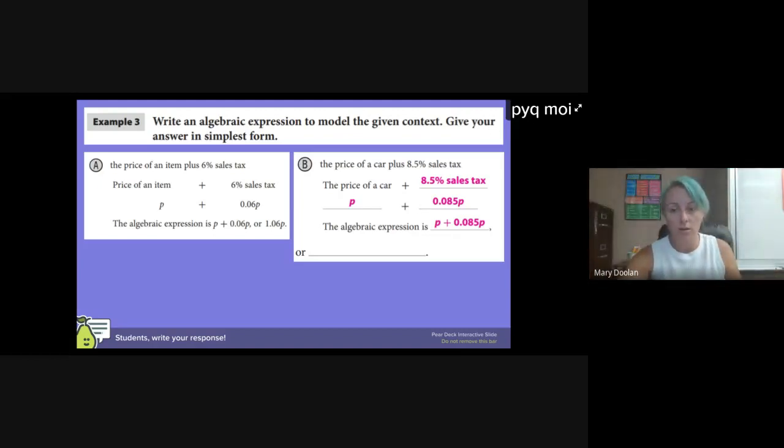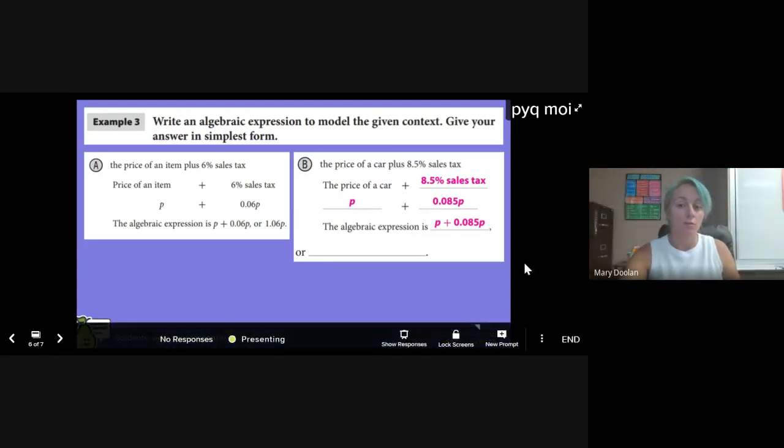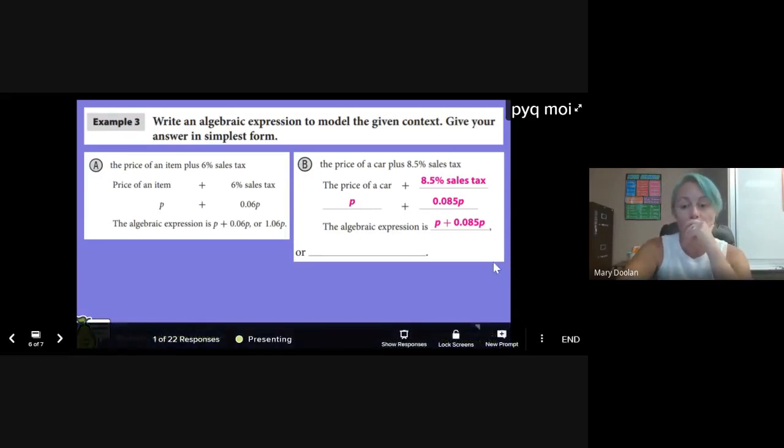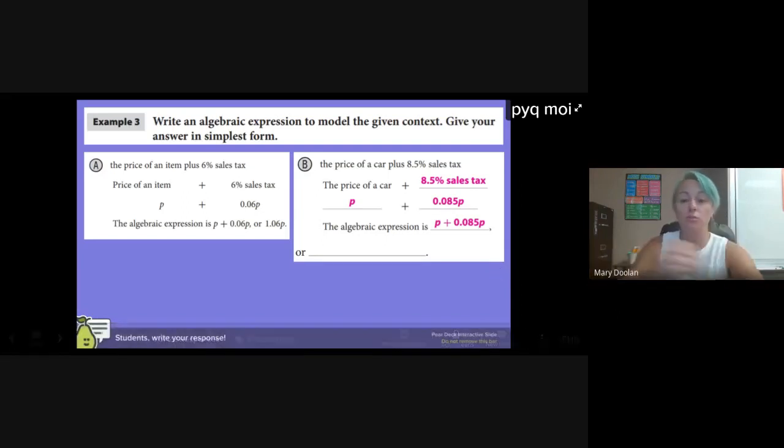So back in Pear Deck, if you have P plus 0.085P, they both have a P in them. They are like terms. So we're going to add their coefficients. And you're going to write what we get. Your answer should be just one term. Nice, Isai. Good job.